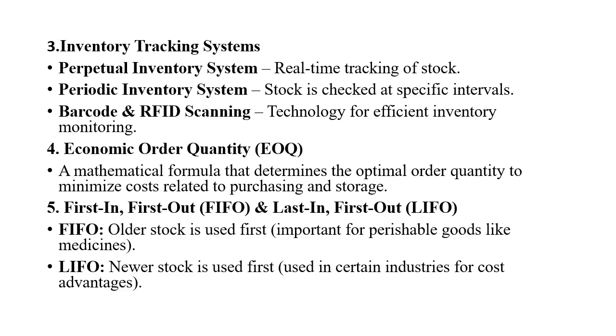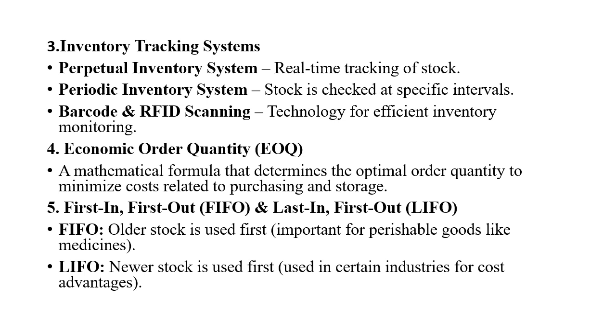Third one, inventory tracking systems. Perpetual inventory system, that is real time tracking of stock. Periodic inventory system, stock is checked at specific intervals. Barcode and RFID scanning, technology for efficient inventory monitoring. Fourth one, economic order quantity, EOQ, a mathematical formula that determines the optimal order quantity to minimize costs related to purchasing and storage.